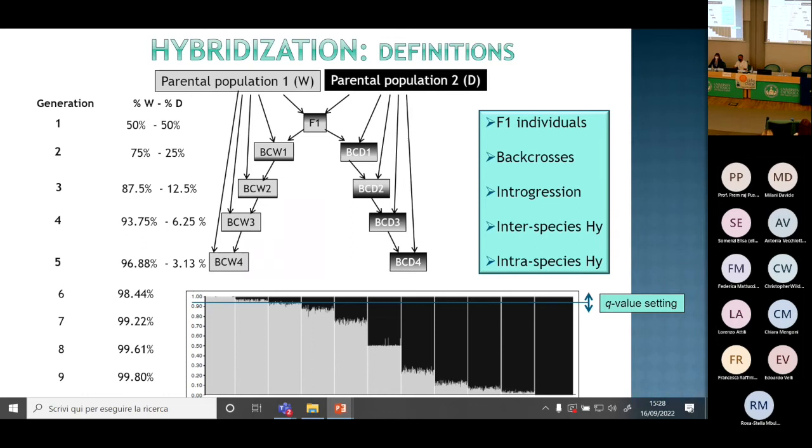So it is necessary to define criteria to reliably distinguish pure from admixed individuals.